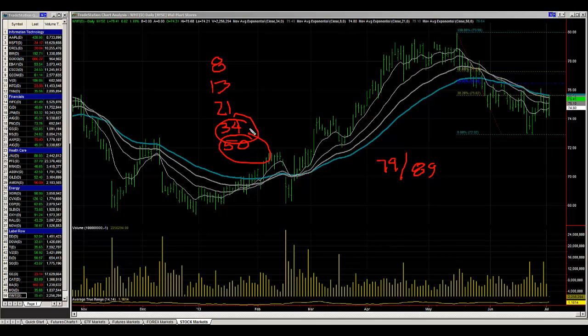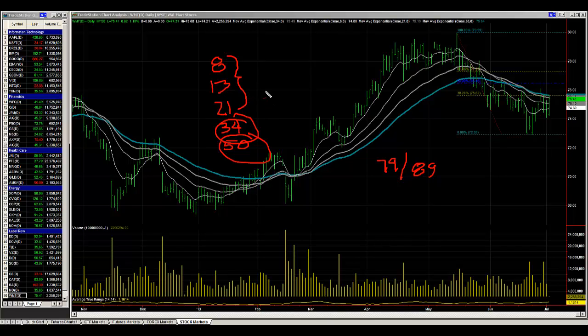If you want to define that trend a little bit quicker, you can use that just like Todd uses 79, 89. And then you can use these areas to identify support or resistance in the trend.